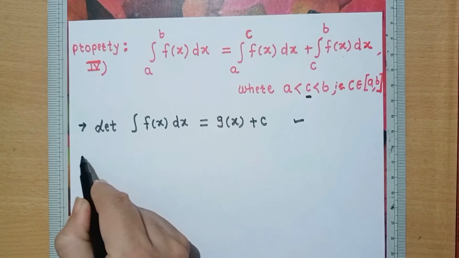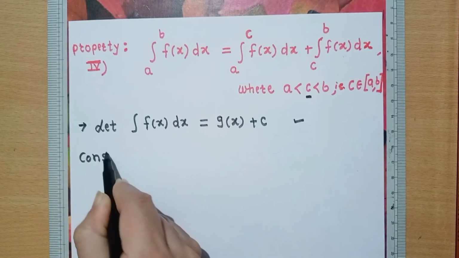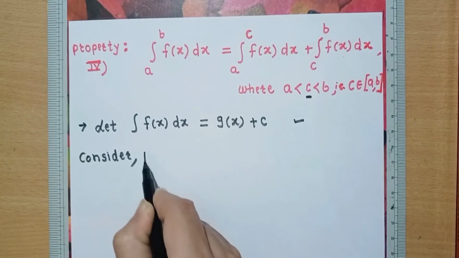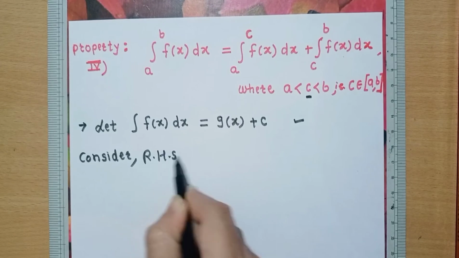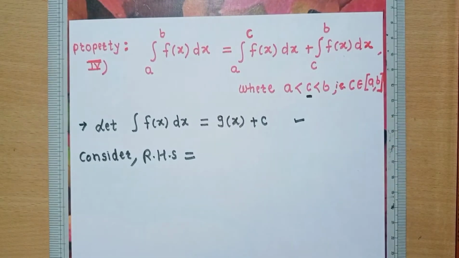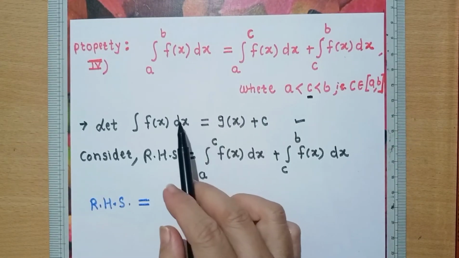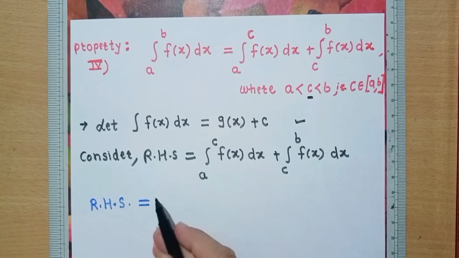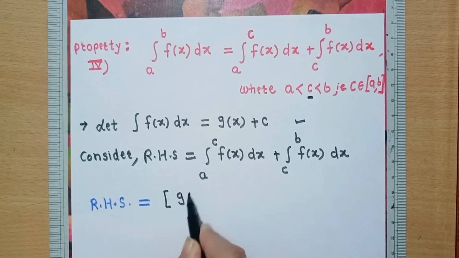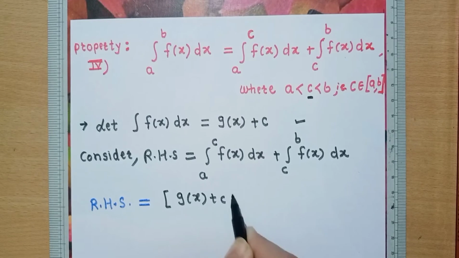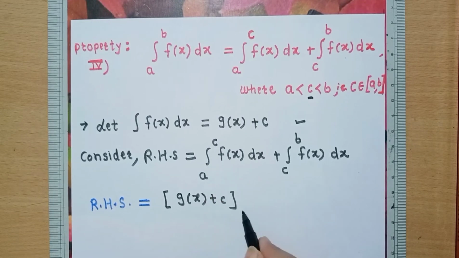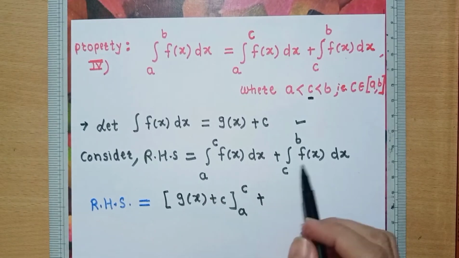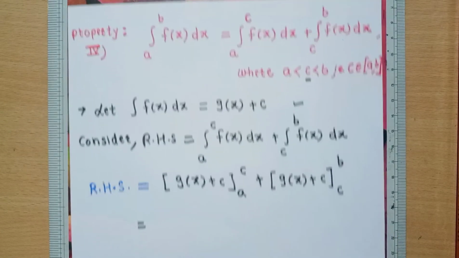Then we will start from the RHS. So we will write here, consider RHS equal to this, and by the definition of definite integration we will write the answer as g(x) + c, with limits from a to c. And we will write the same for this one also.